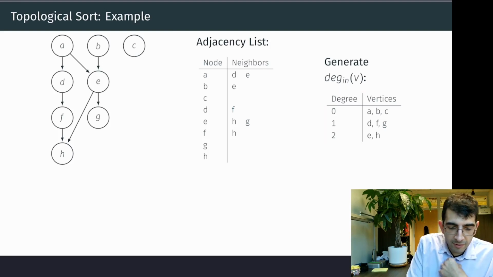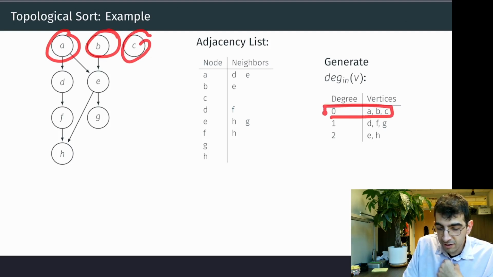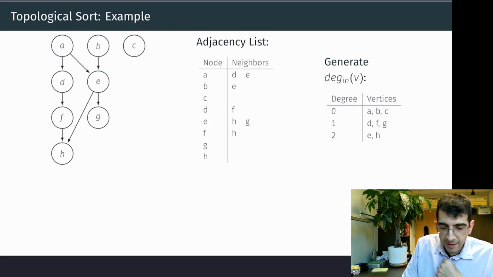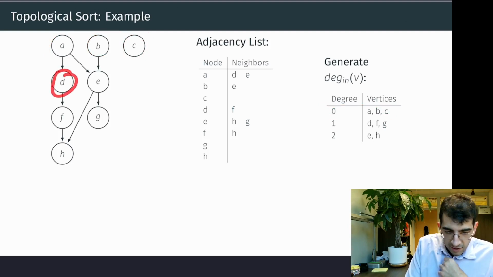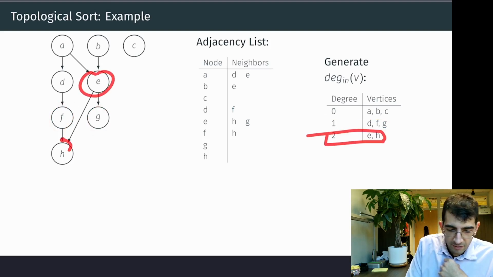We notice that vertices A, B, and C all have in-degrees of 0. These are all sources. Then vertices D, F, and G all have in-degrees of 1. And then vertices E and H have in-degrees of 2.